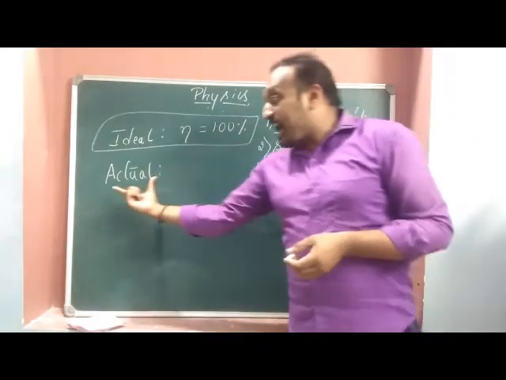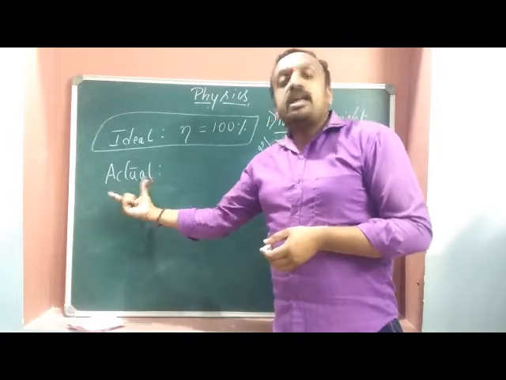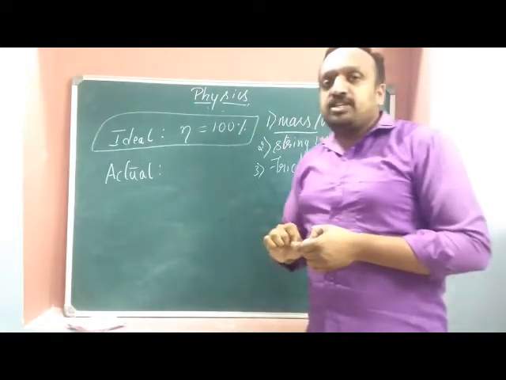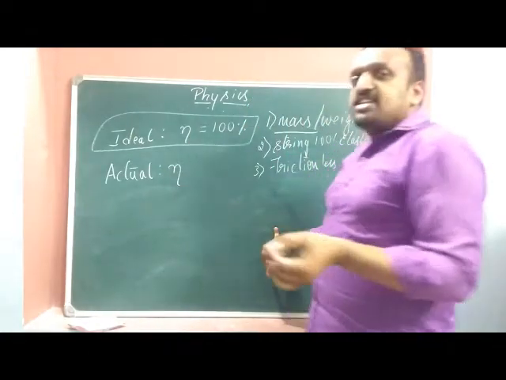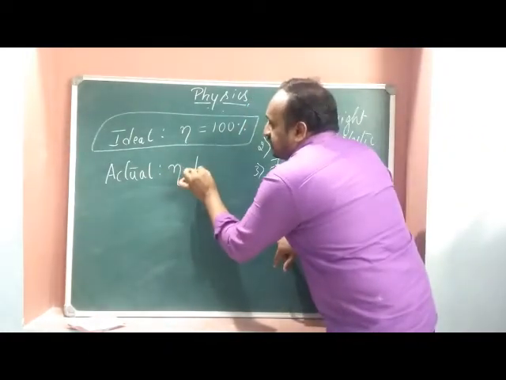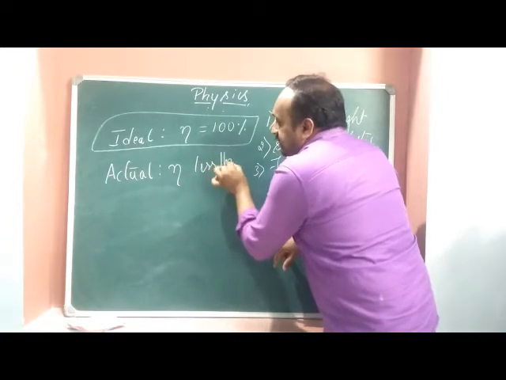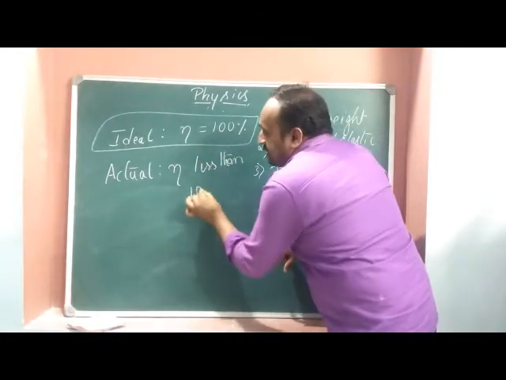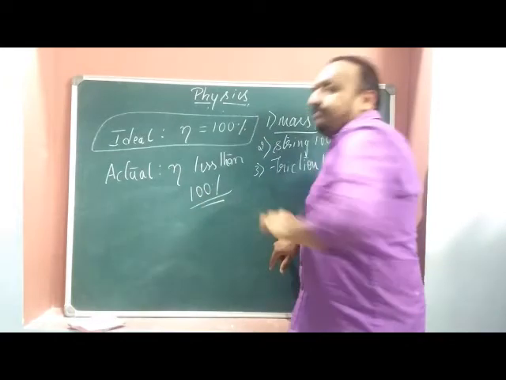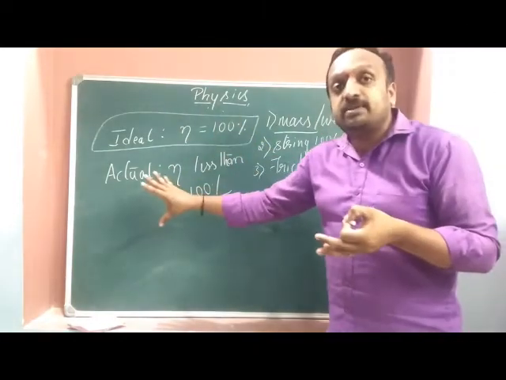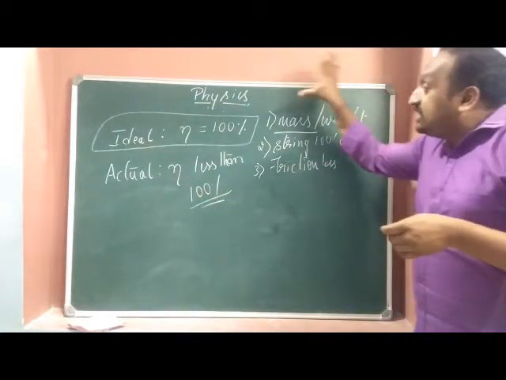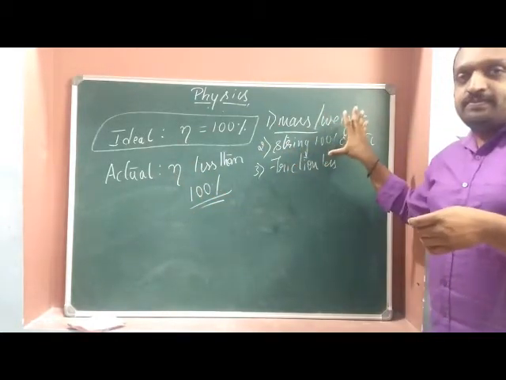So, what is an actual machine? The actual machine is a machine where the efficiency is always less than 100%. Why is it less than 100%? Because these things are considered.